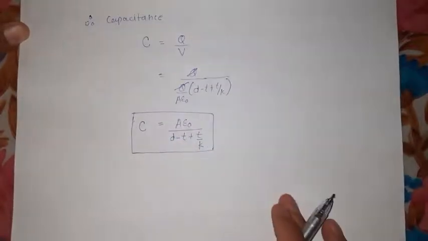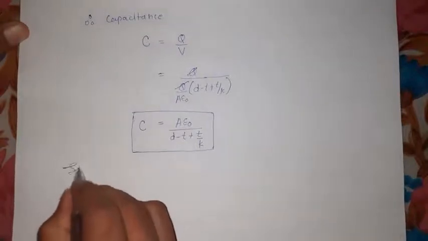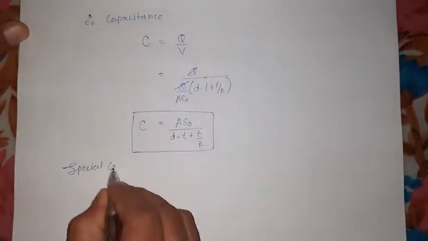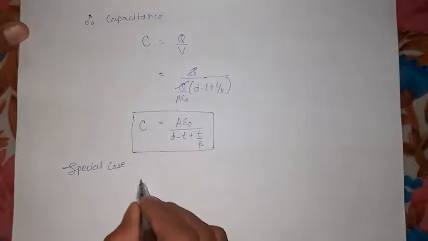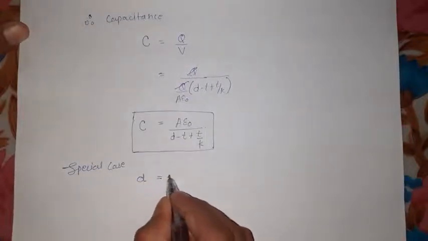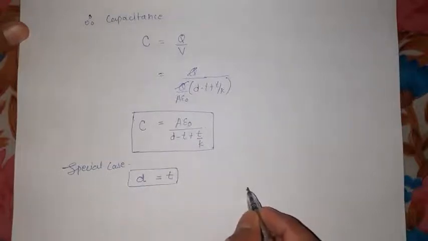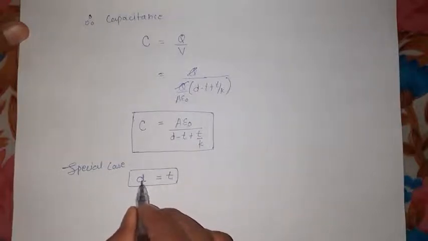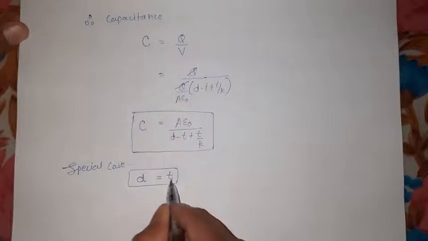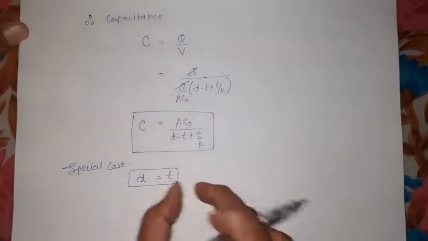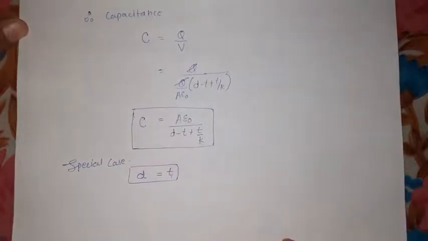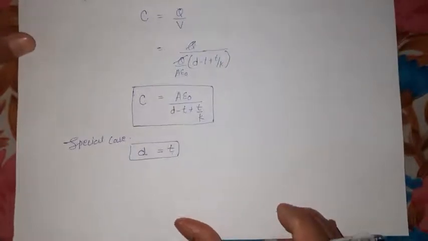Now student, let me take a special case over here. If this whole space is occupied by the dielectric medium, what will happen? The full separation between the two plates is equal to the thickness of the dielectric medium. So what will happen to its capacitance?